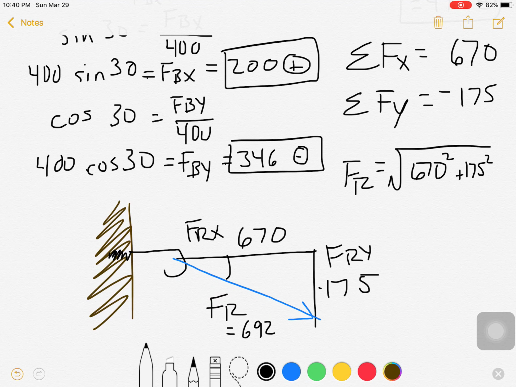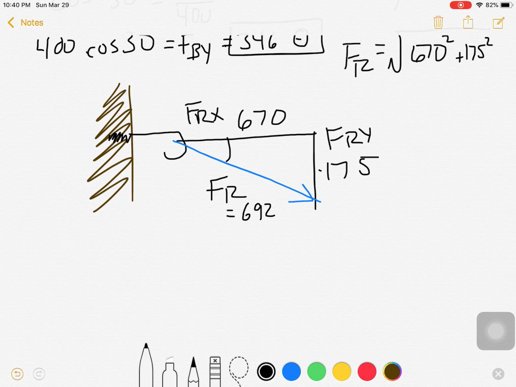Now we also want to know what this angle is, and this is where we're going to use that inverse trig. The two numbers that we know best, where we didn't have to round anything, are right here and here. So we're going to use those to find the angle. Now this is an opposite side from the angle, and this is an adjacent side. So the tangent, and I don't know what this angle is, so we're just going to call it theta.